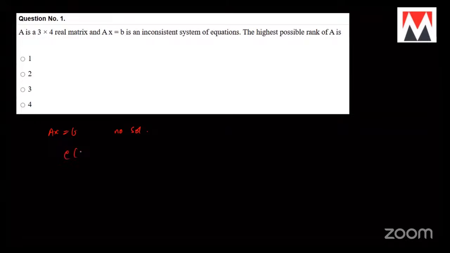So rank of A is less than or equal to minimum of 3 comma 4, which is the order of the matrix, right? 3 by 4, m cross n matrix. So the smallest of this will be that. But when it is given as inconsistent, you have less than 3, which is 2. Now someone will ask why can't it be 1? He is asking highest possible rank of A. So it will be 2. Okay.